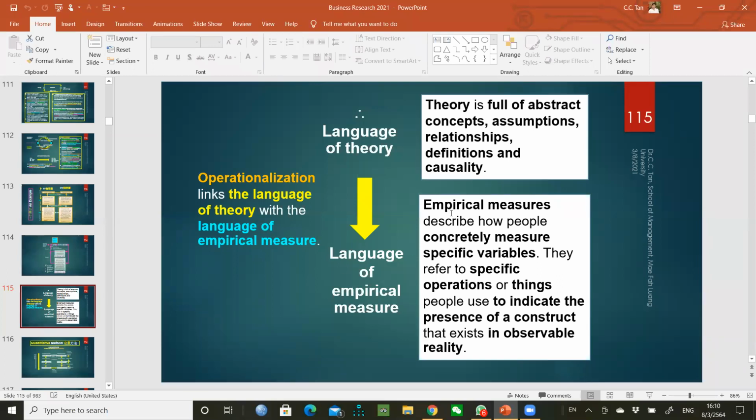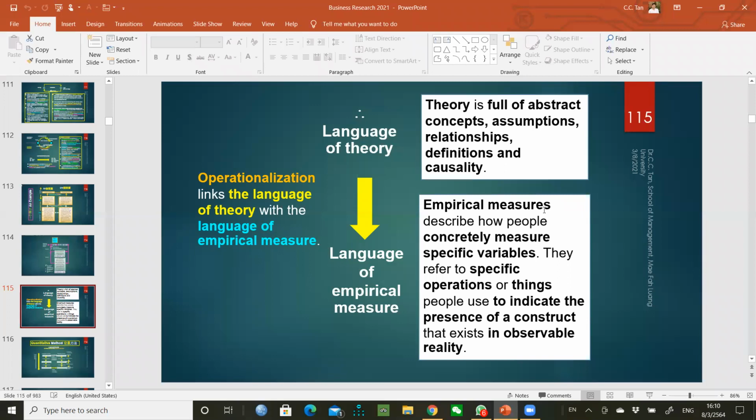The language of the empirical measures describes how people concretely measure specific variables and refer to specific operations or things that people use to indicate the presence of constructs that exist in observable reality, in the sense that you really have to become more concrete and not abstract. You really have to demonstrate some evidence and measurements, concrete measurements that you can measure.